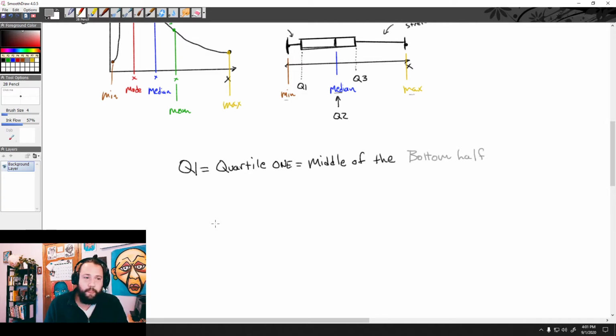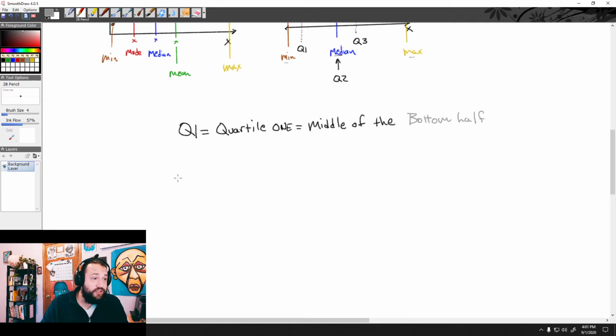All right? And then next is Q2. So Q2 equals quartile 2. And that is literally the median. That's the middle of the middle. Remember when we defined this? That's literally just the middle of everything.